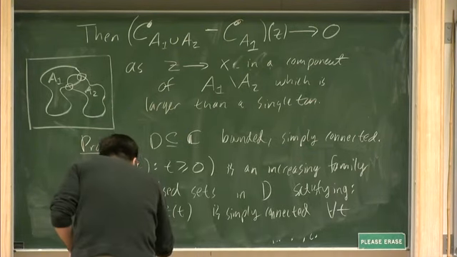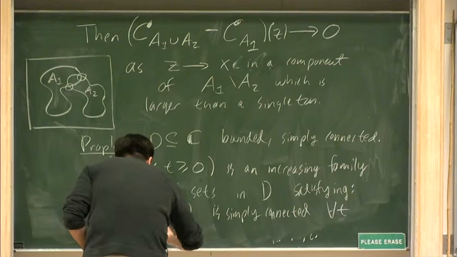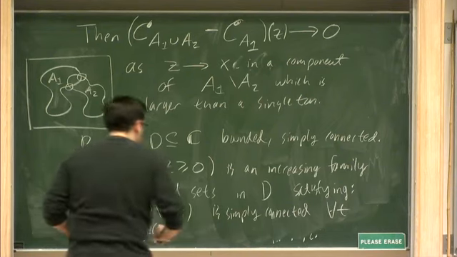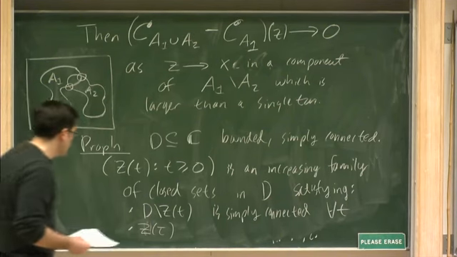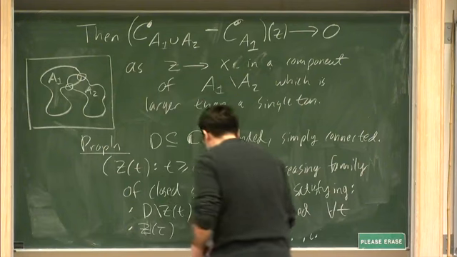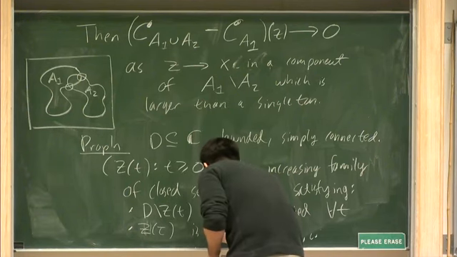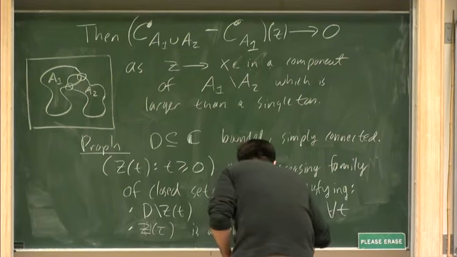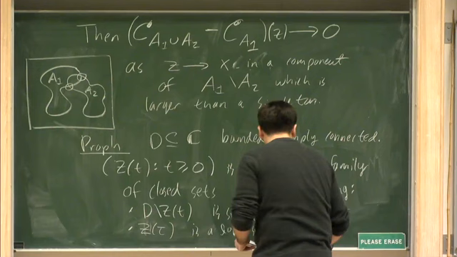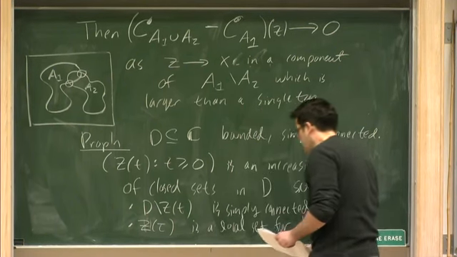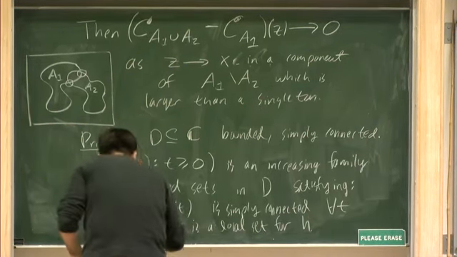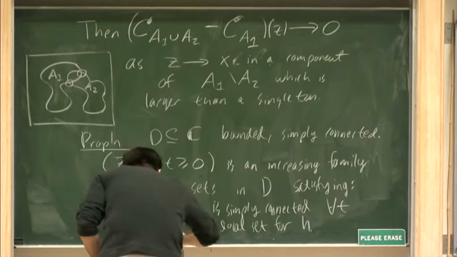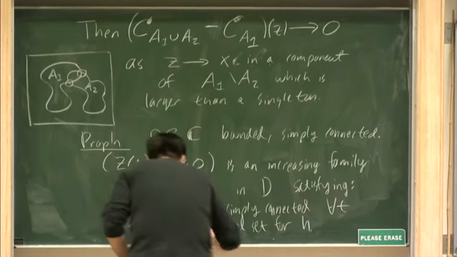And number two, I'm going to assume that if I take my sets Z and I stop them at any stopping time tau, then I get a local set. So Z sub tau is a local set for the Gaussian free field for any stopping time tau.